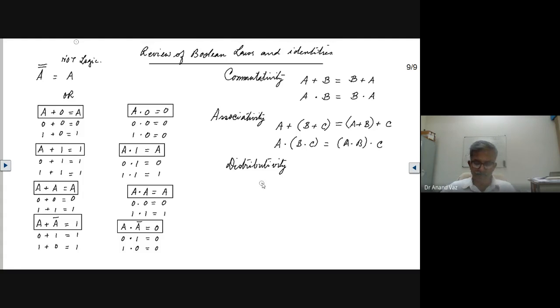Here you have, let's say, A and B or C. So we can write it as A and B or A and C. So we have two distinct products here.